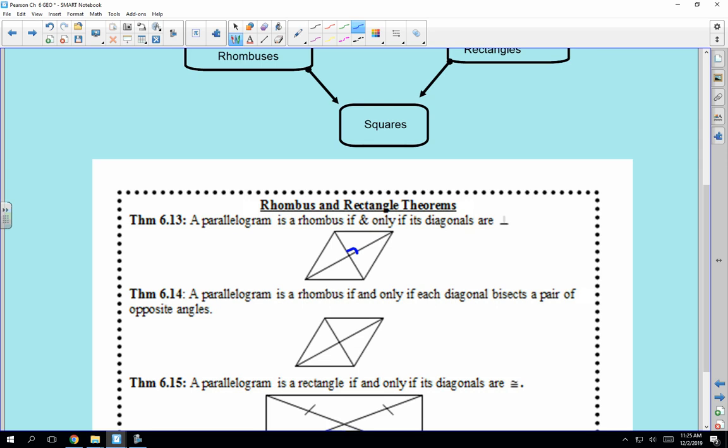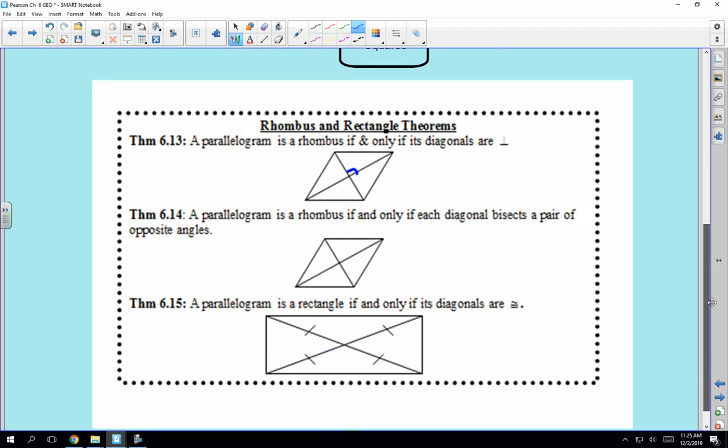You can really stretch it out. It is true that the diagonals bisect each other, but they don't have to hit at a right angle. A parallelogram is a rhombus if and only if each diagonal bisects a pair of opposite angles. So what that means is this parallelogram is a rhombus, meaning all 4 sides are equal, if and only if each diagonal, so here are the diagonals, bisects a pair of opposite angles.